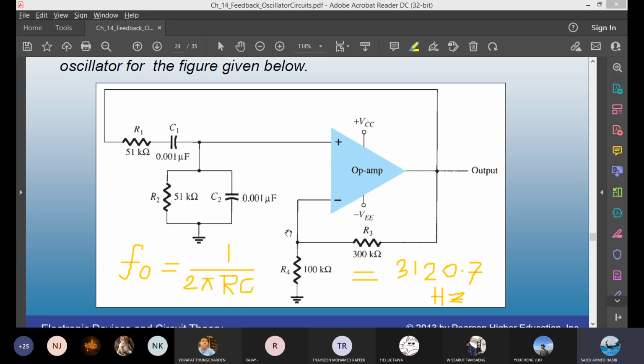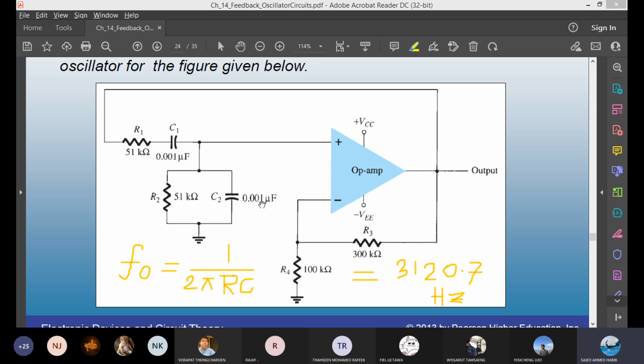So in this case, when R1 and R2 are the same, and C1 and C2 are the same, the ratio of R3 to R4 is 2. If your ratio is like this or greater than 2, the loop gain is sufficient to keep the oscillation going.